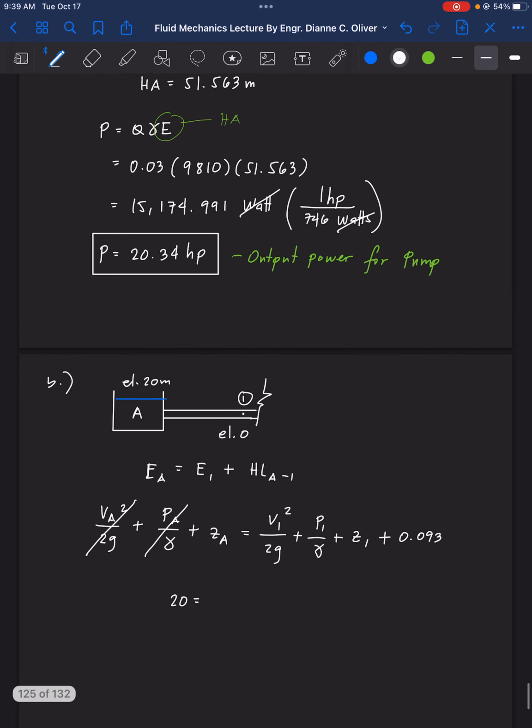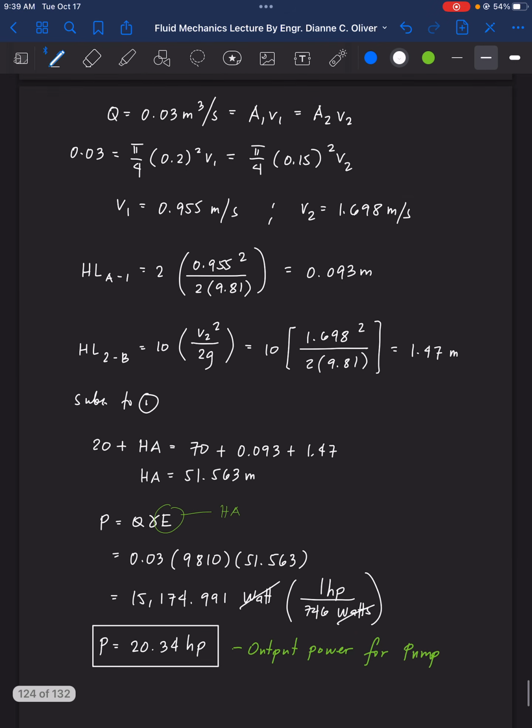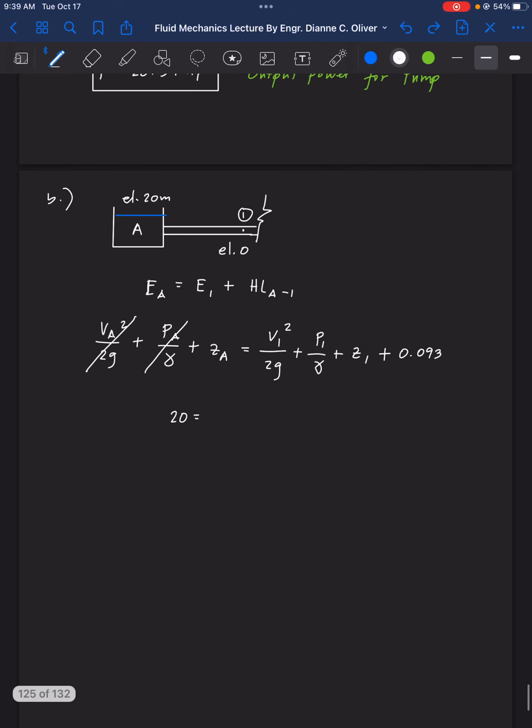We were able to get the value for V1 a while ago, 0.955. So 0.955 squared all over 2 times 9.81 plus the missing pressure head plus the elevation Z1 is 0 plus 0.093, the head loss.